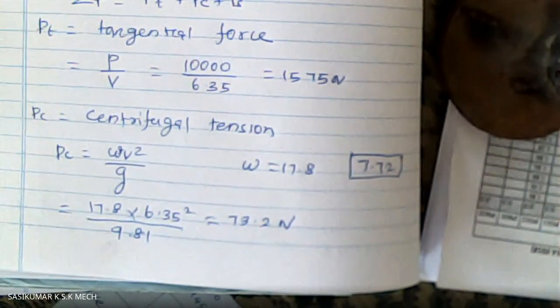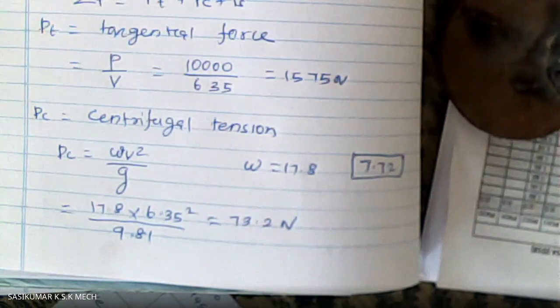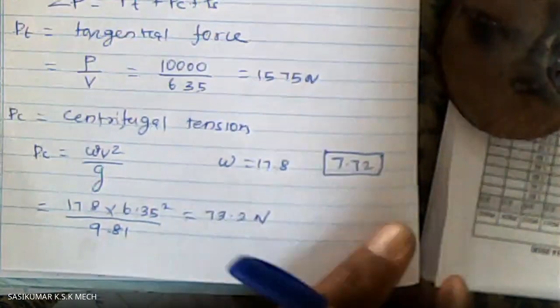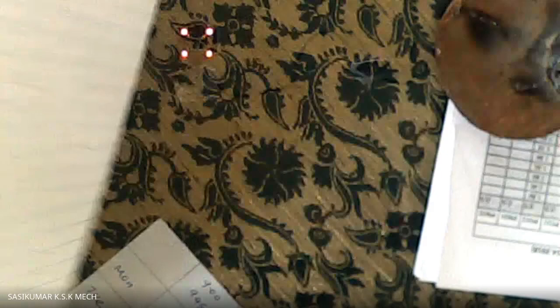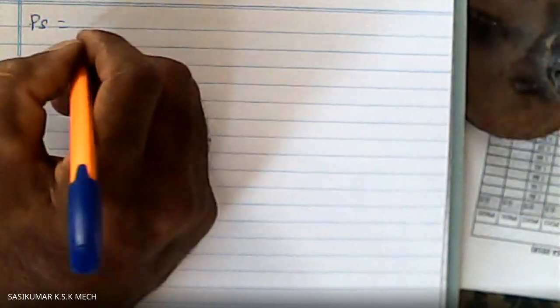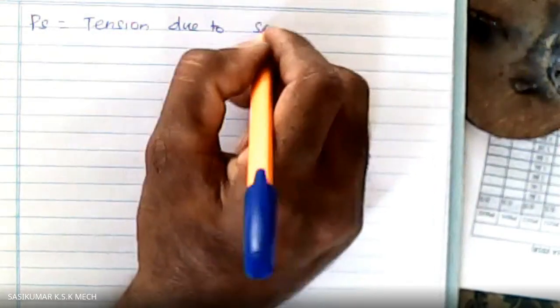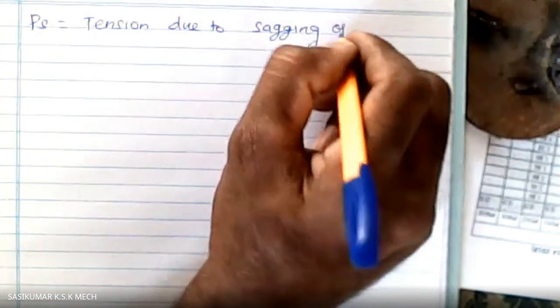The next step is to find PS, that is tension due to sagging of chain.